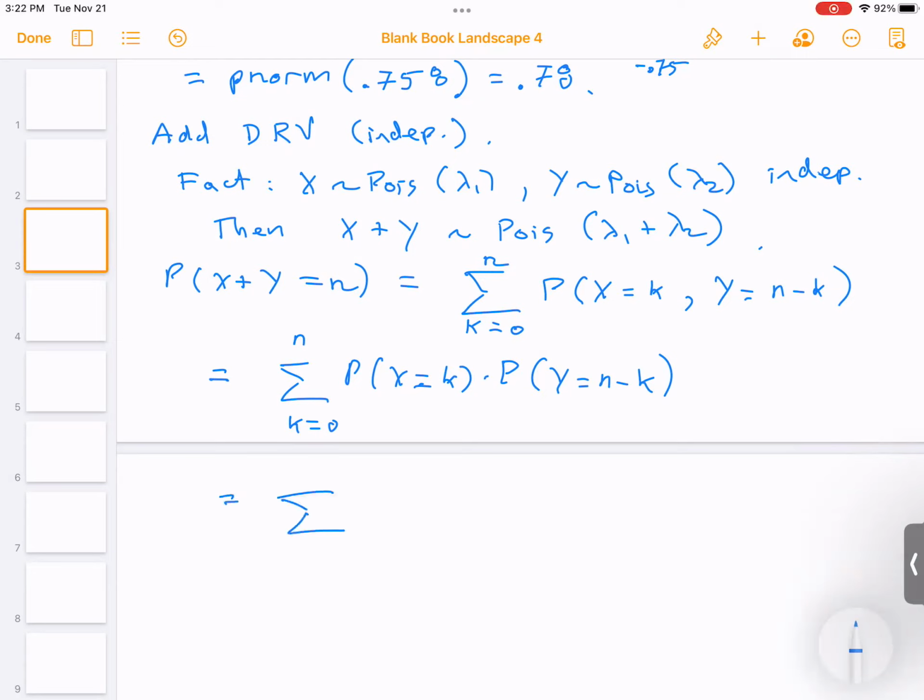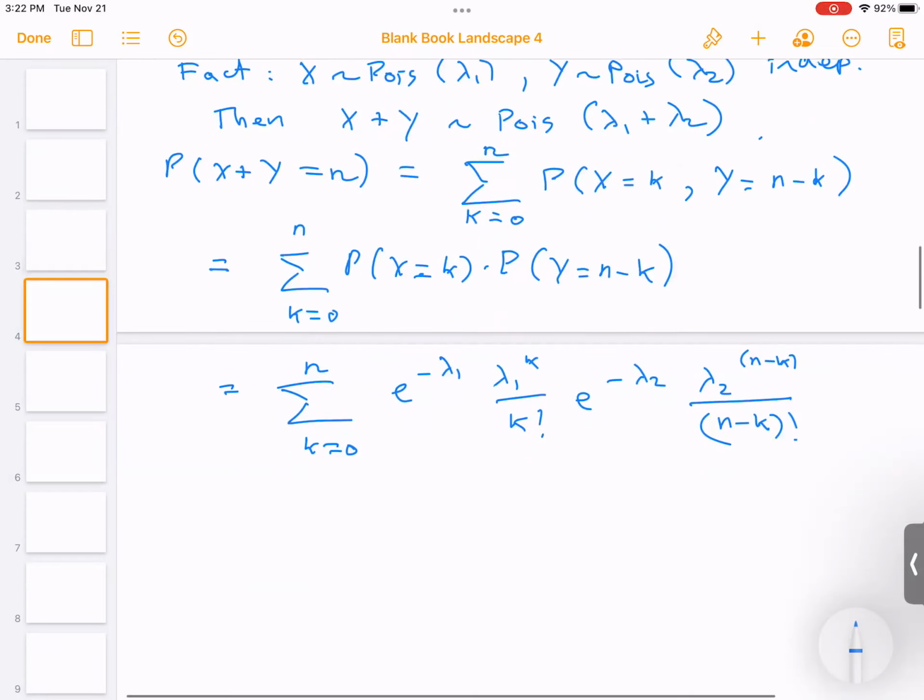So let's go ahead and put in their PMFs. So the first one would be e to the minus lambda 1 to the k over k factorial, e to the minus lambda 2 to the n minus k over n minus k factorial.